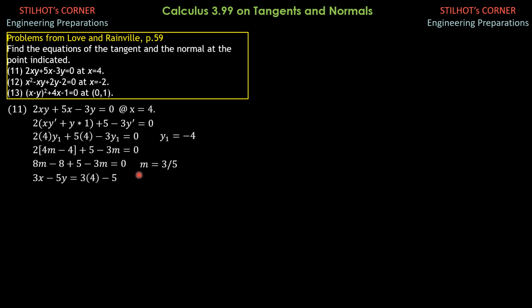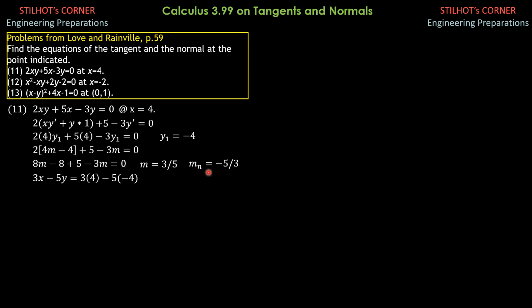So the equation of the tangent from this slope is 3x minus 5y equals 3x1 minus 5y1, and x1 is 4, and y1 is negative 4. Therefore, the tangent is 3x minus 5y equals 12 plus 20, 32. So 3x minus 5y equals 32.